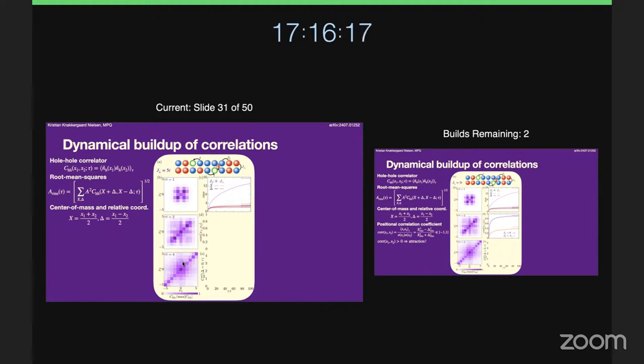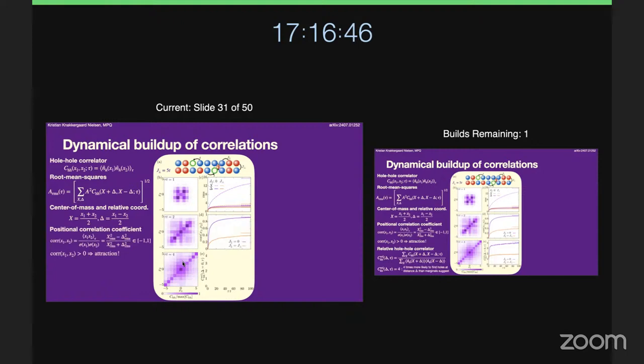What I'm calculating here is the RMS, the root mean square, of the distance and of the center of mass. And if you just for now focus on the purple lines, what you see is that the center of mass increases to much larger values than the relative distance between them. So they propagate much further into the lattice than they separate from each other.